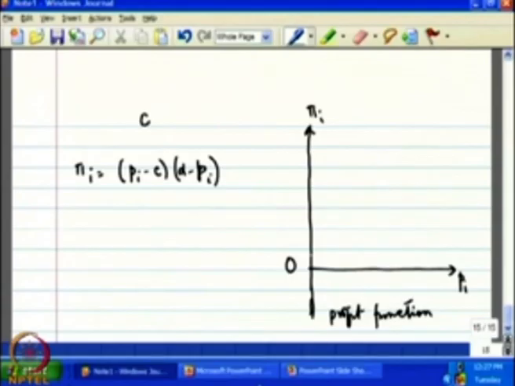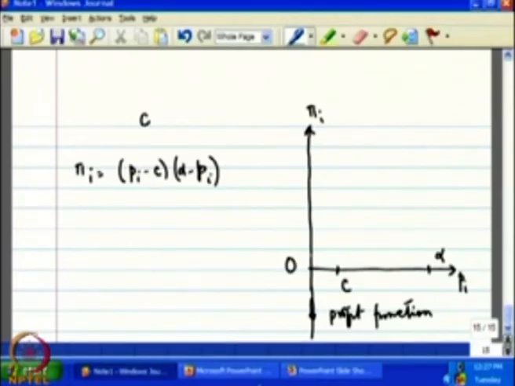I know that alpha is greater than C. So, if C is here, somewhere here, and alpha should be somewhere at a higher level. So, these are the points through which the curve will go through. It will have a negative intercept. Let us call this to be minus alpha C.